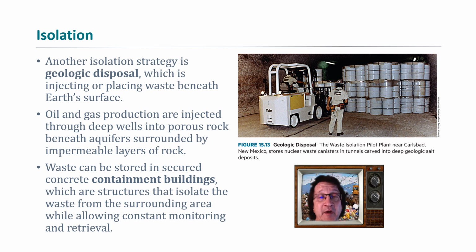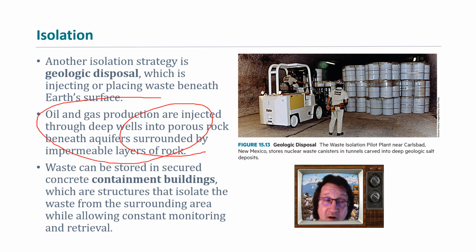But we do sometimes use old mines to put junk because you hide it away. It is isolated, and sometimes liquid waste can be injected into old oil wells because these are pretty much impermeable, not always, but still. So this is another form of containment, and we do use this in Texas.